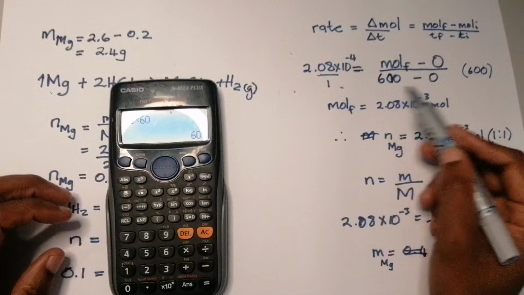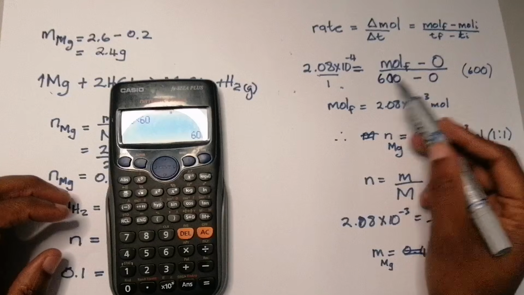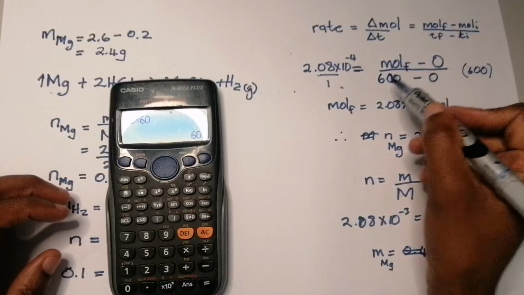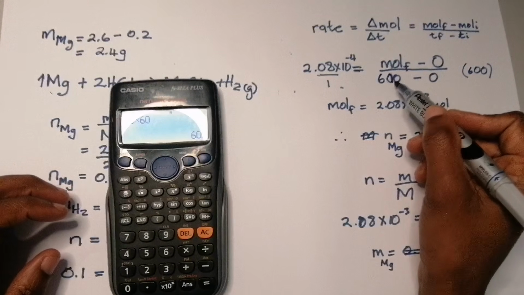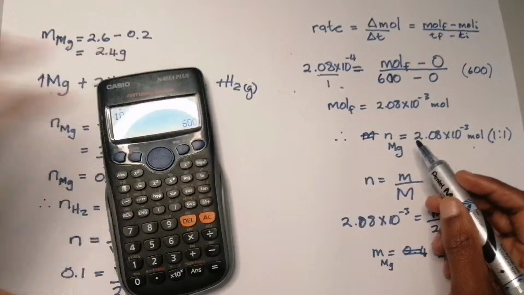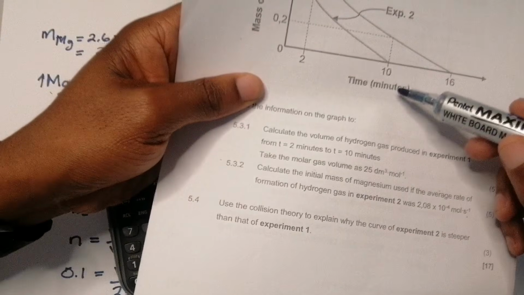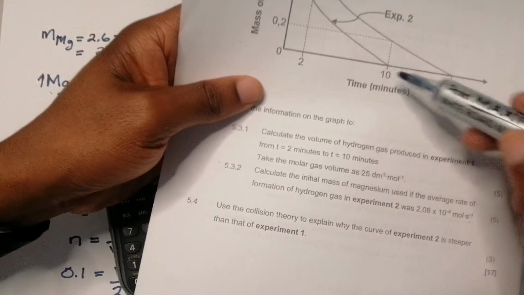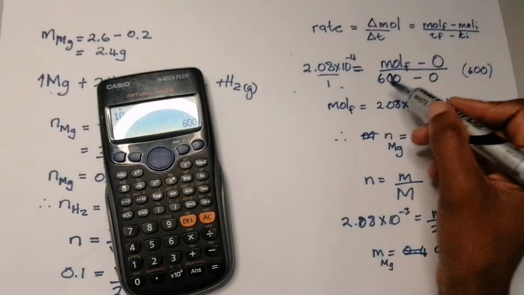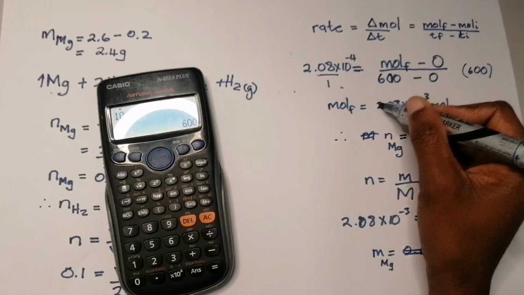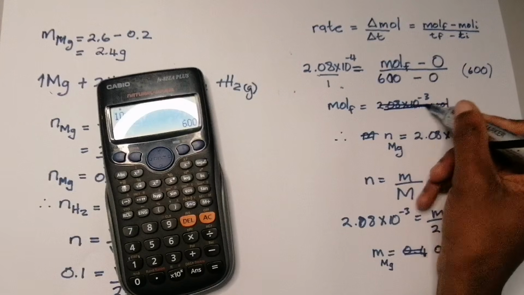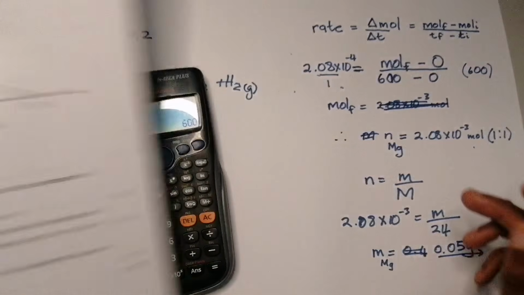Instead of using seconds there, I used minutes, but please remember, it's 10 minutes. Can you see? So our time was in minutes, and we're supposed to convert that to seconds, right? So that's 600. So the number of moles would be different.